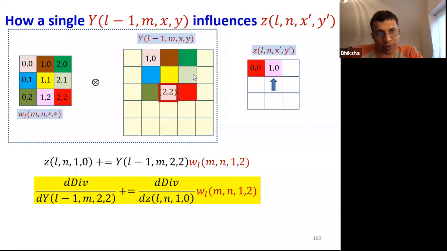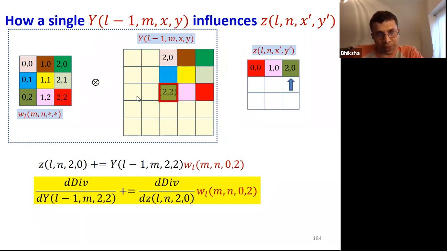But then if I move the filter forward, this guy contributed to Z10. So the derivative for Y22 now also has a contribution of the derivative at Z10 times the weight with which Y22 was multiplied, which is this weight 12. I'm showing this using the color again, right?